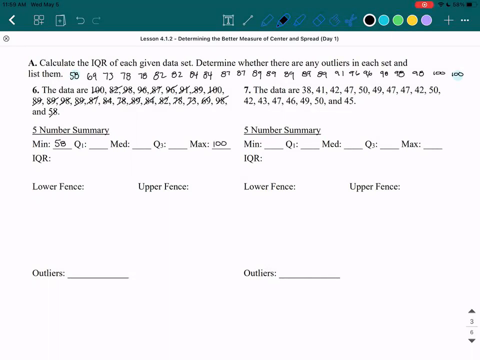Then we have to calculate our median next. So to calculate the median, I'm going to start crossing off numbers. I'm just going to underline them, cross off those edge pieces, those next edge pieces. Just keep going.